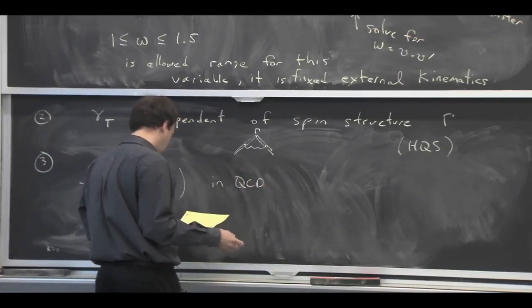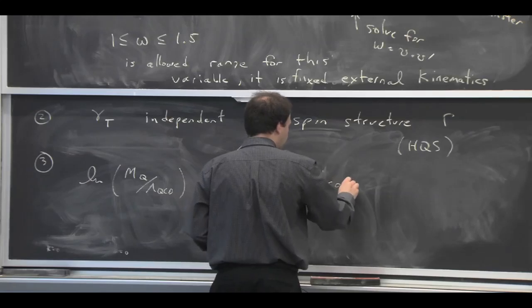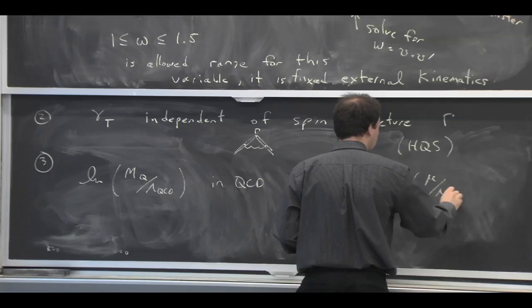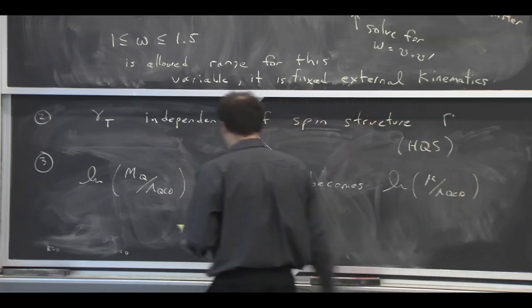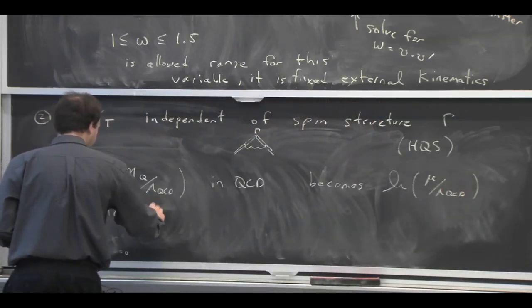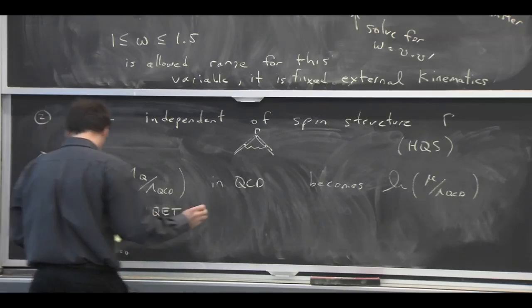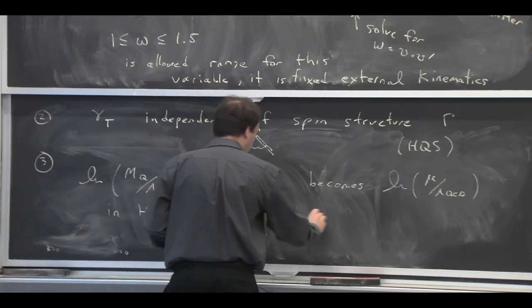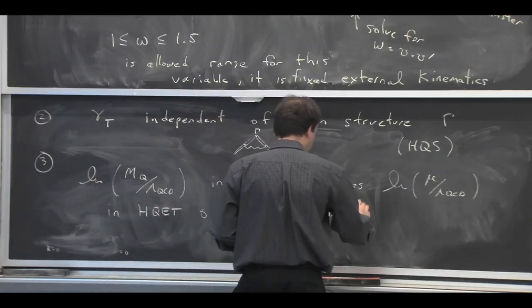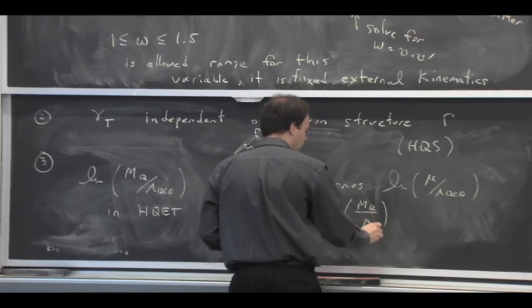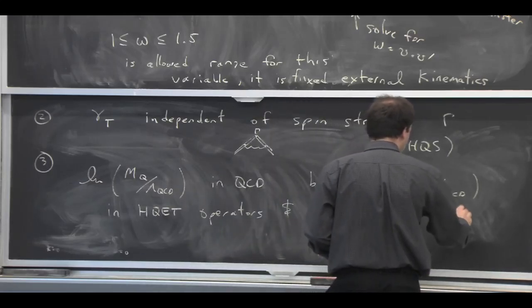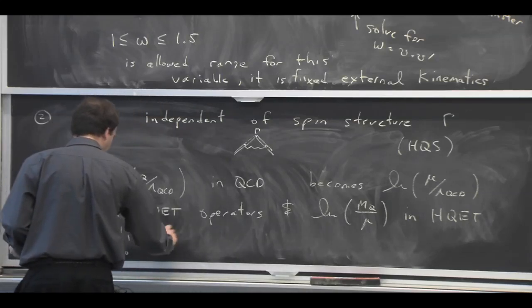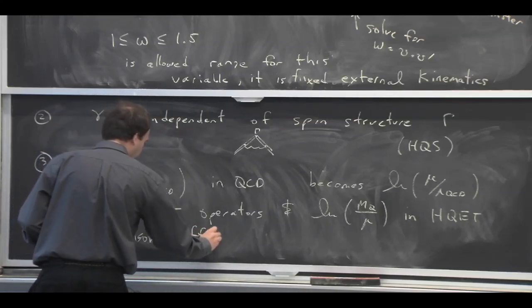And by going over to HQET, this becomes a log of mu over Lambda QCD, which is encoded in HQET operators, like this current, as well as a log of mu over m_q, or m_q over mu, which is in the HQET coefficient functions, HQET Wilson coefficients.